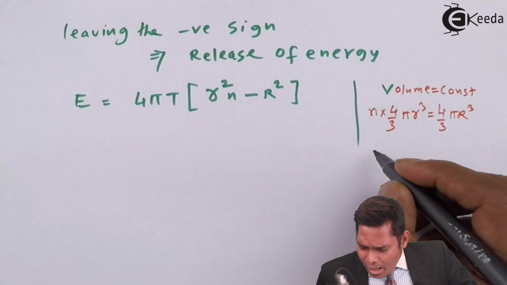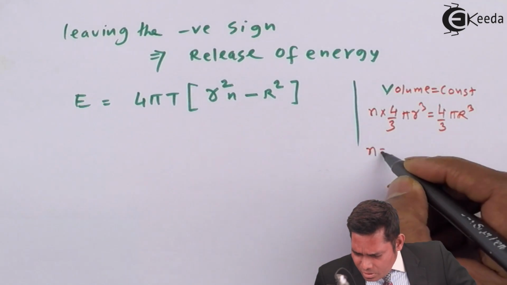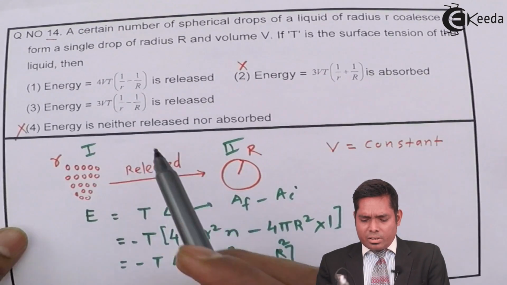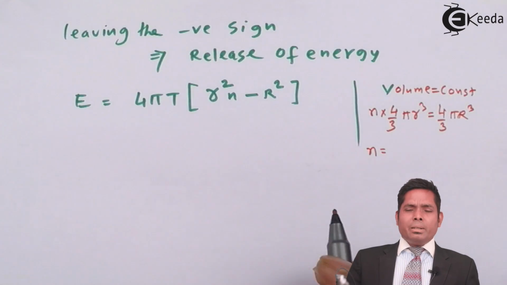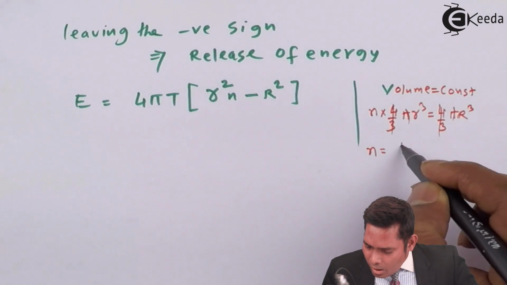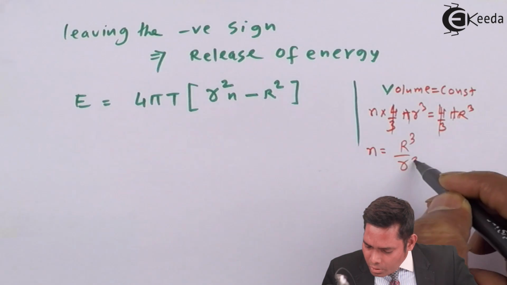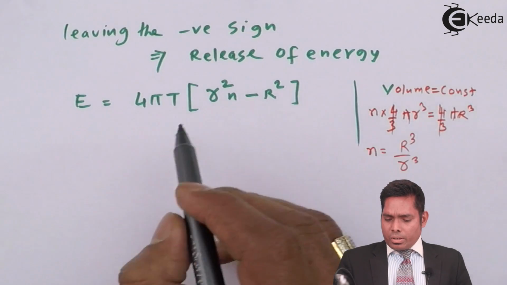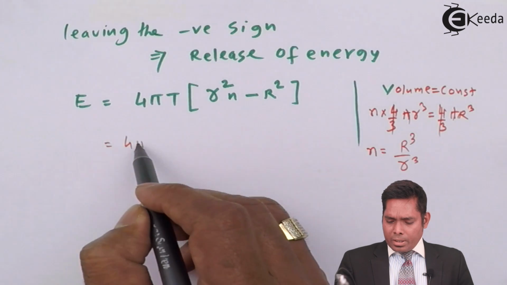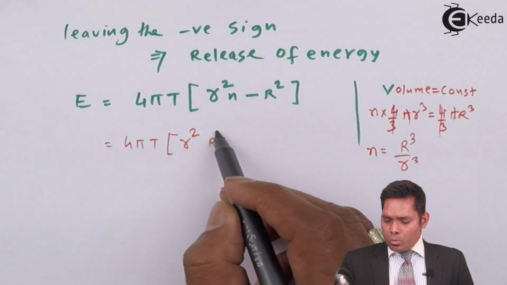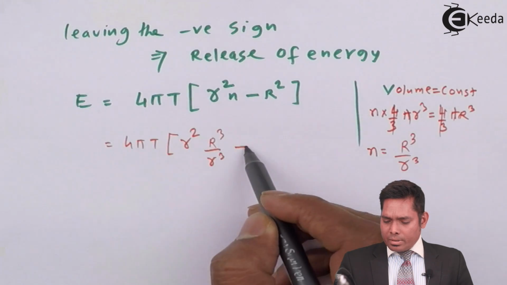So from here I have the relation for n. I don't want n in the expression, because the final answer doesn't contain n, so I have to eliminate n, and n becomes R cube over small r cube. Substituting that value here, we get 4 pi T, r square times R cube over r cube, minus R square.